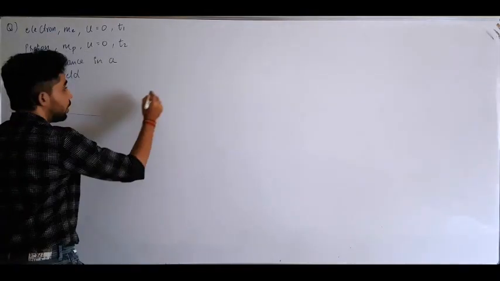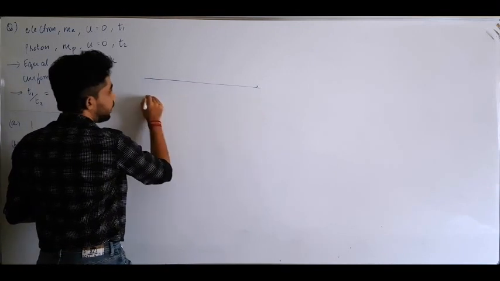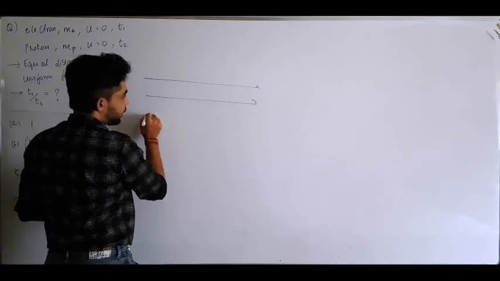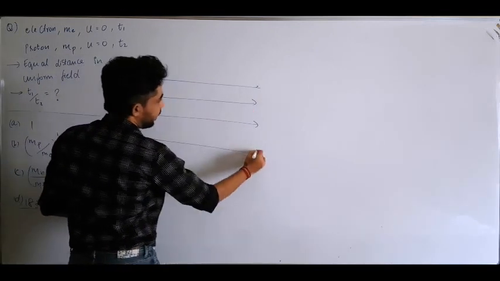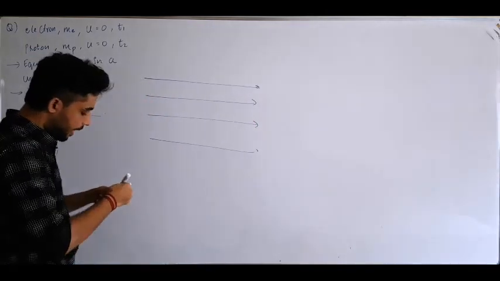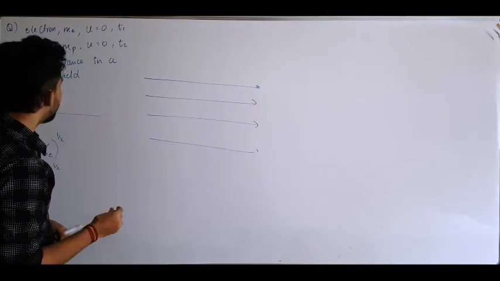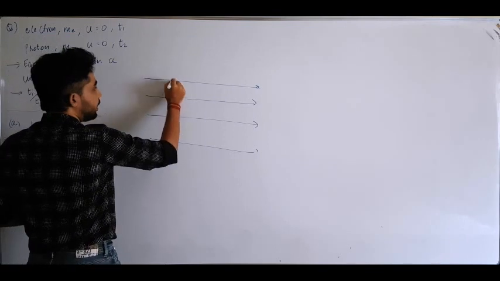So we have an electric field. Let's consider an external electric field like this, and they're telling that an electron of mass me is moving in that electric field.